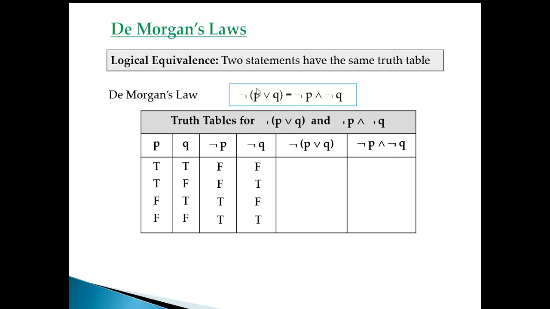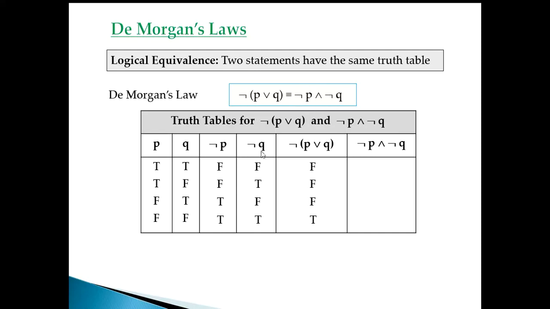Now, for this equivalency, first we need to calculate negation of P or Q. So first we calculate P or Q. In the or connective, our truth value is false if both are false, otherwise it is true, and we have to take the negation, so it becomes true and the other values are false. Clear?